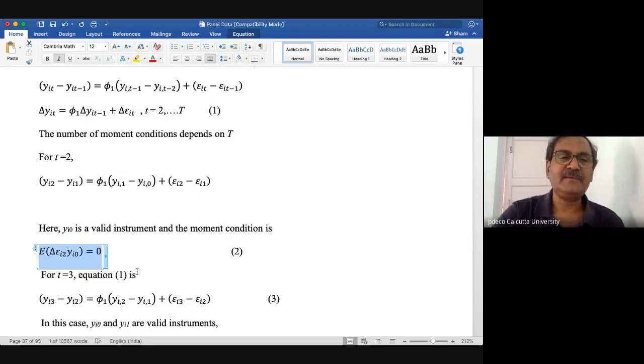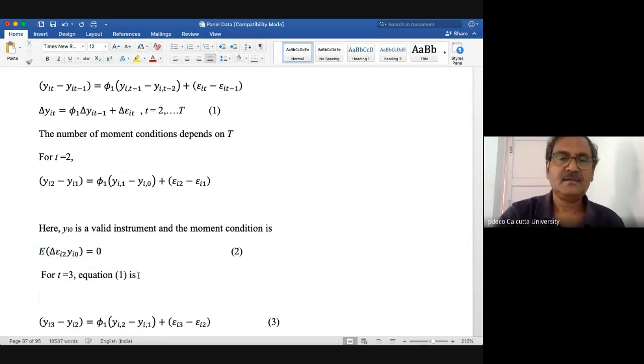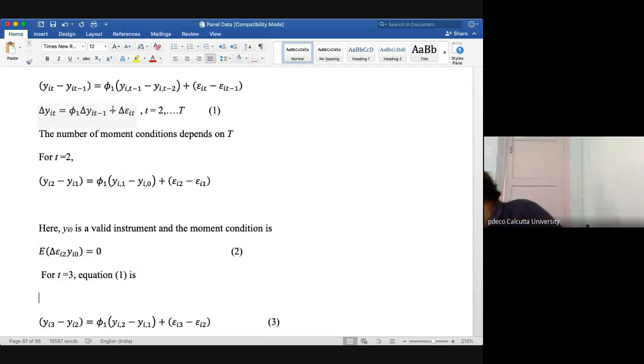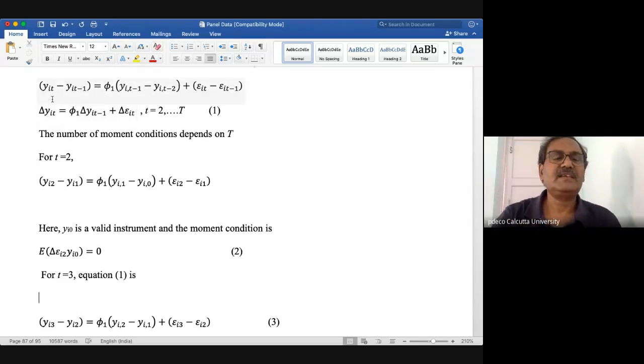Now similarly, consider a situation where t is equal to 3. So substitute t is equal to 3 in equation 1, either in this form or in this form. What relation will you get? The relation will be yi3 minus yi2 on the left hand side.